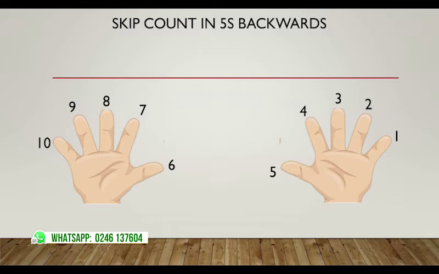So with skip counting backwards in 5, we start from 10, then straight to 5, without counting the rest of the numbers. Hope you're okay with skip counting in 5s backwards. Now on our screens, we have skip count in 5s backwards.